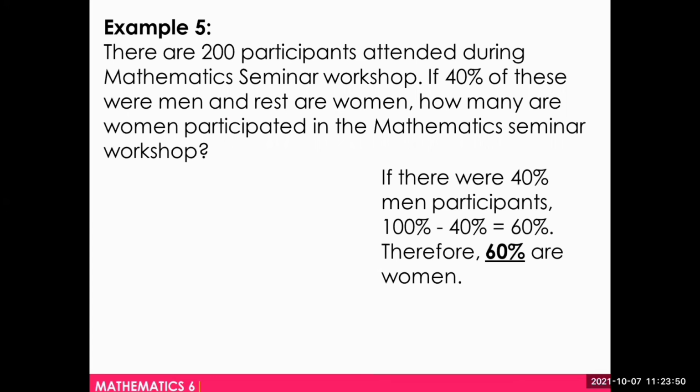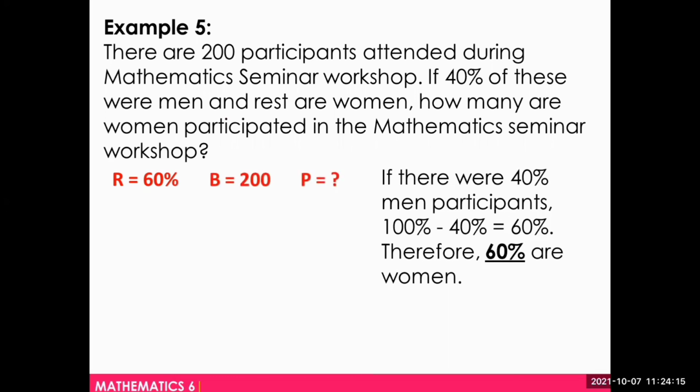So 100% minus 40% is equal to 60%. Now, since ang hinahanap natin ay women, so therefore, 60% of them are women. Now, isusulat na natin. Rate is equal to 60%. Base is equals to 200. At ang hinahanap natin ay percentage.